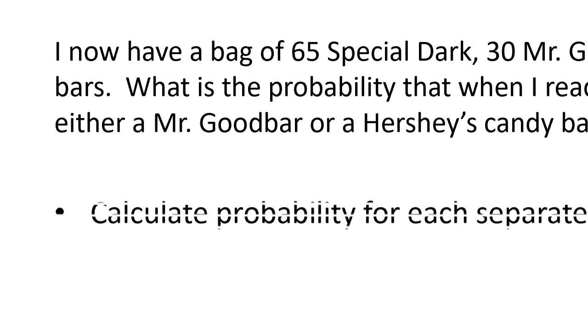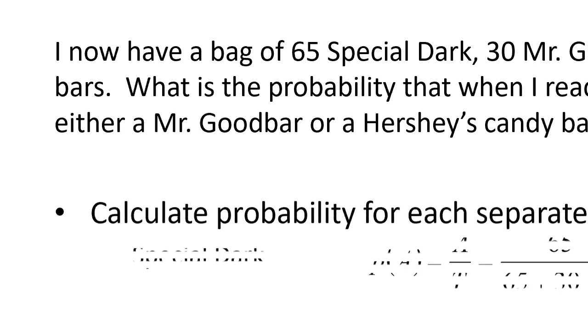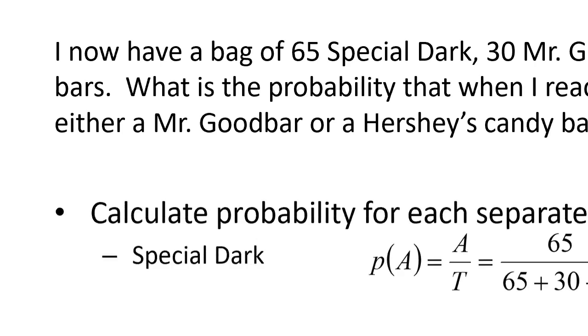So, for example, let's say we have a bag that has now 65 Special Dark, 30 Mr. Goodbar, and 5 Hershey bars, and we want to see what's the probability that we would retrieve a Mr. Goodbar or a Hershey's candy bar.